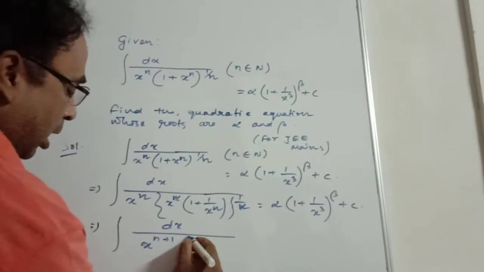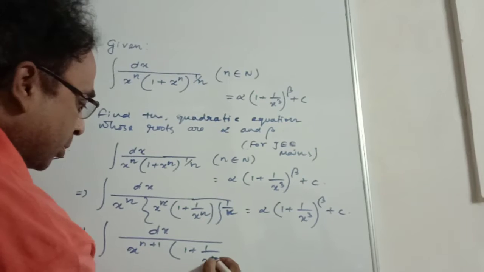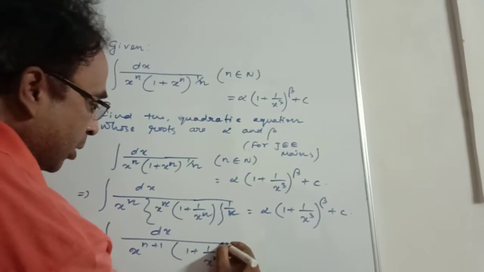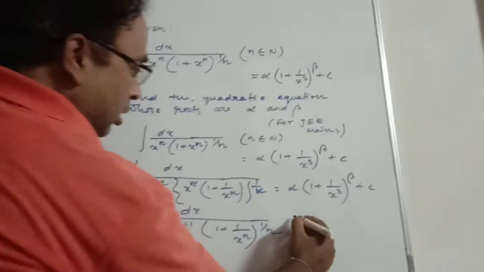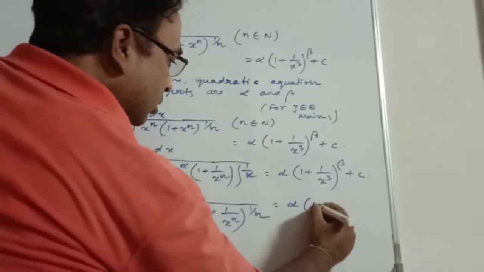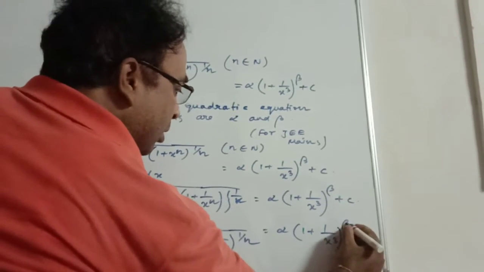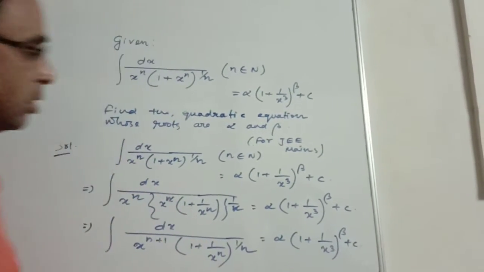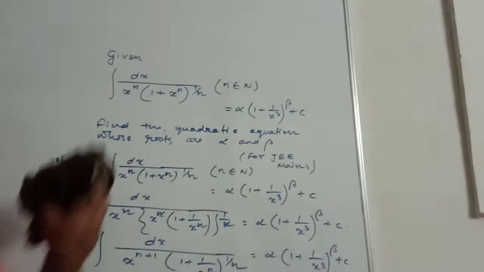And here it is (1 plus 1 by x to the power n) to the power 1 by n, that is equal to alpha into (1 plus 1 by x cube) to the power beta plus c. Now I'll rub this portion.